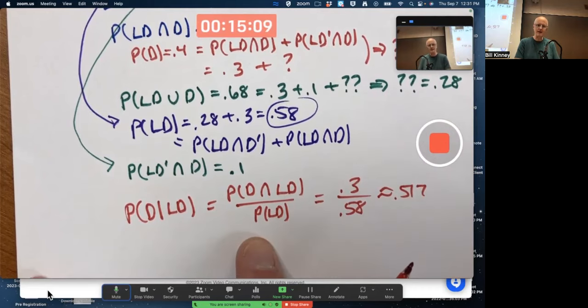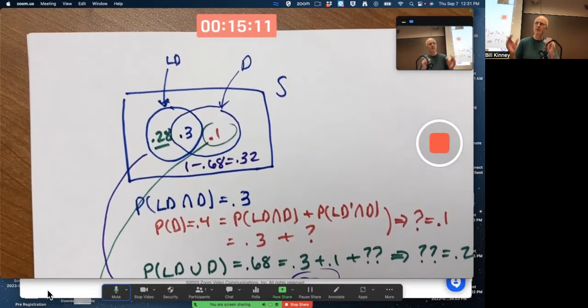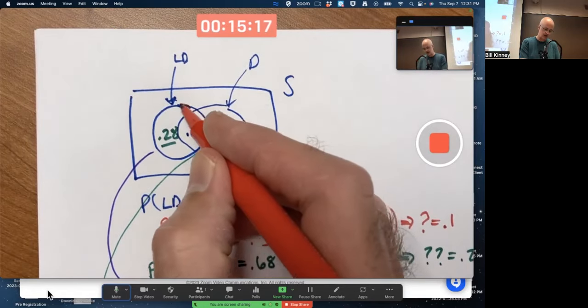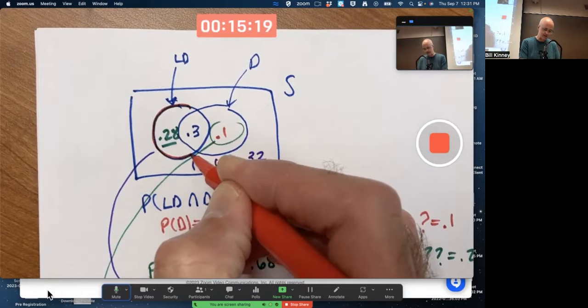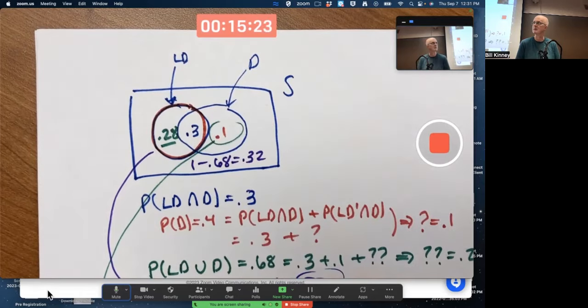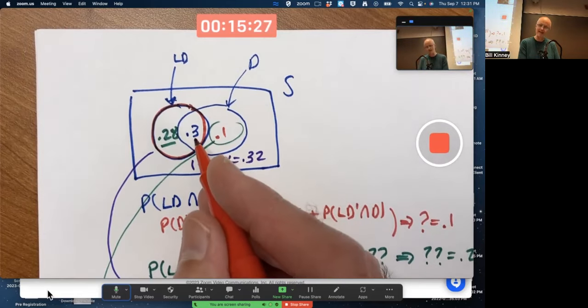Why does this formula make sense, though? It's like we've restricted the sample space. We're assuming they've been exposed to that level of radiation. Our sample space, based on that assumption, has shrunk to just the LD circle. Effectively, what proportion of people in that circle die?